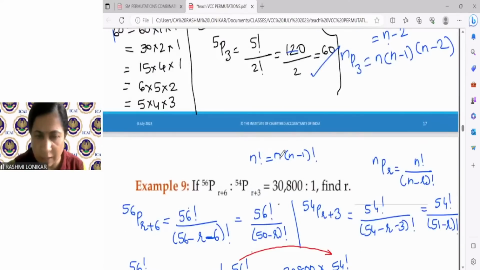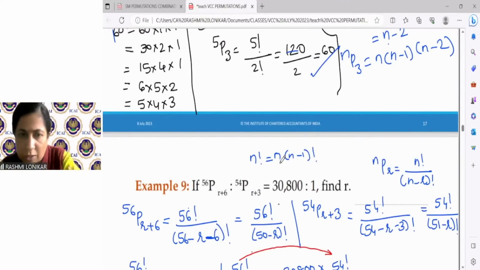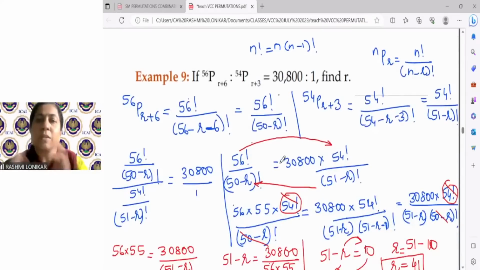Let me explain again. Whenever such types of sums are given, you have to simply stick to the formula. Don't vary from the formula. So nPr is n factorial upon (n minus r) factorial. What is n? n is the total number of objects from which we are forming sequences. The sequence length is r. That is the basic formula for permutation.